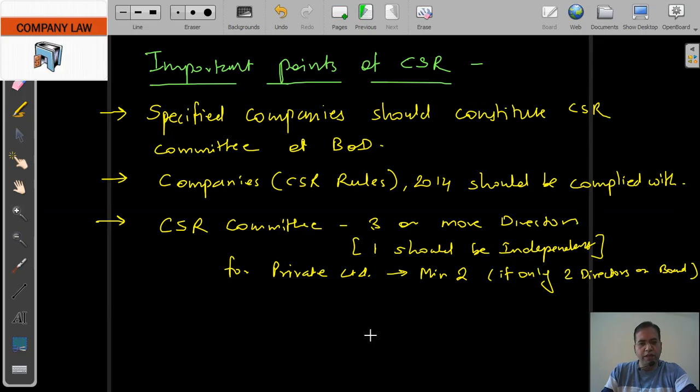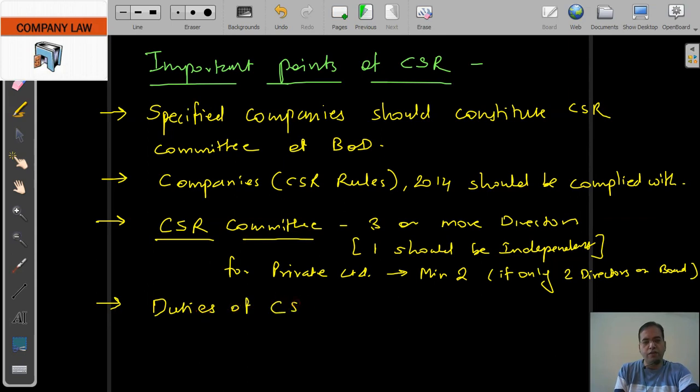Now what will be the duties of this particular CSR committee? The CSR committee duties are defined under section 135 subsection 3.